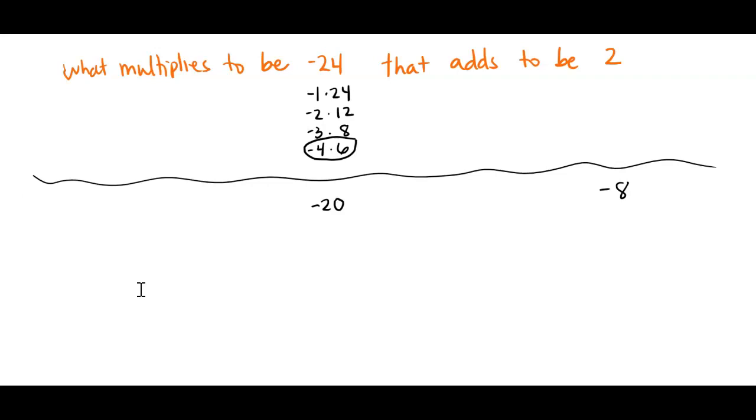And you're putting it in the chat box. I see a negative 10 and 2. So negative 10 times positive 2 gives me negative 20, but when I add them together, negative 10 plus 2 gives me my negative 8. So that's what I'd want: negative 10 and positive 2.